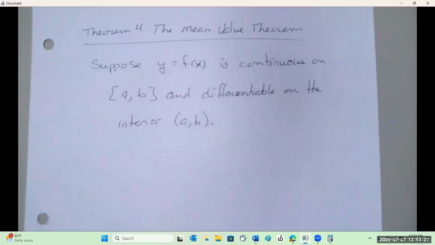What this first sentence tells us is there are no jumps. There are no discontinuities anywhere. It has to be continuous and it has to be differentiable, which means there can't be any points, any valleys, or anything like that.